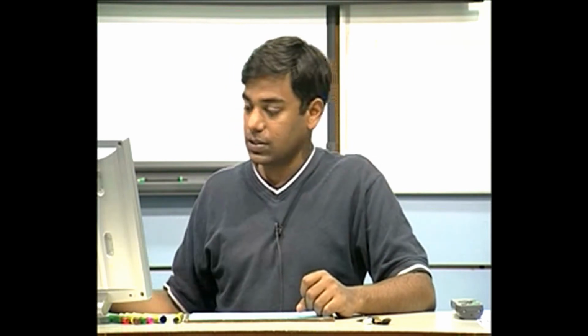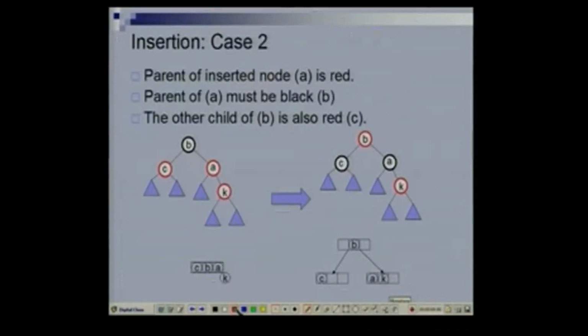He has a very interesting question here. Let me just check. So, what he is saying is, suppose the parent of this was red, then you are saying the other child of this guy has to be black, it cannot be red clearly, otherwise there was already a double red problem.